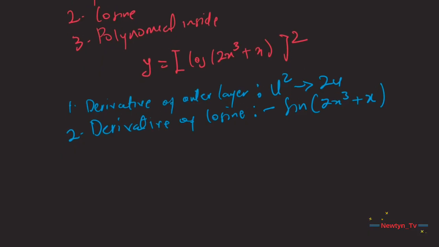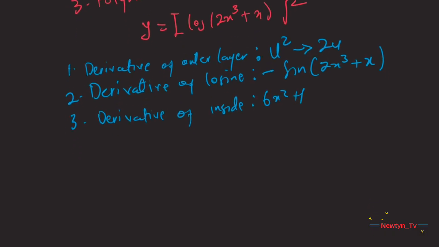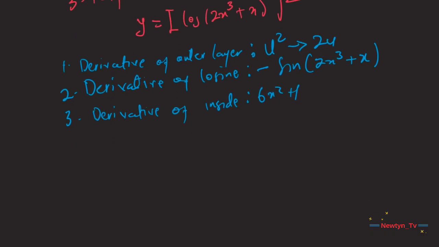Now the third and the last one is the derivative of the inside one, and that one will be 6x squared plus 1. Okay, now we have to chain all of them together using the chain rule.